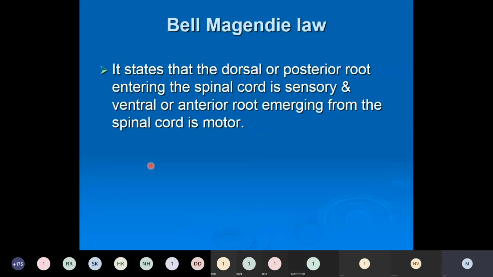Okay, let's continue. So the Bell-Magendie law tells that the dorsal or posterior root entering the spinal cord is sensory, and the ventral or anterior root emerging from the spinal cord is motor.